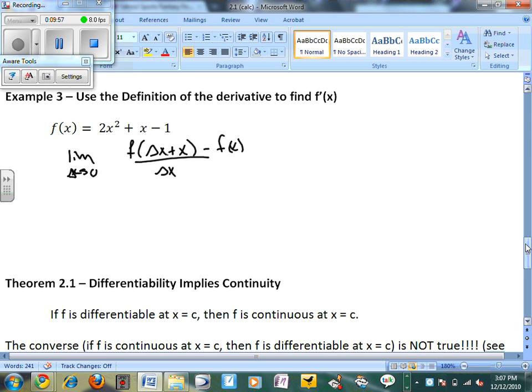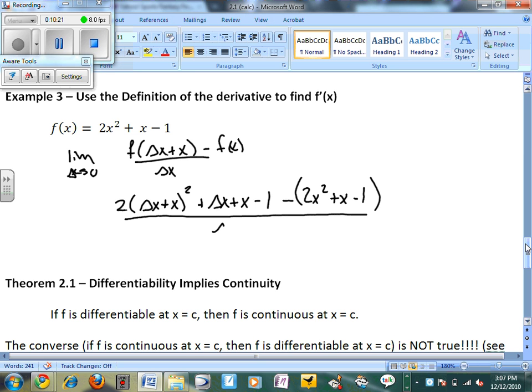So I'm going to plug change of x plus x in. So I have 2 times change of x plus x, squared, plus change of x plus x minus 1, minus 2x squared plus x minus 1. It's minus that whole quantity. That's why I put that parentheses there, because we're going to make sure we distribute our negative sign.